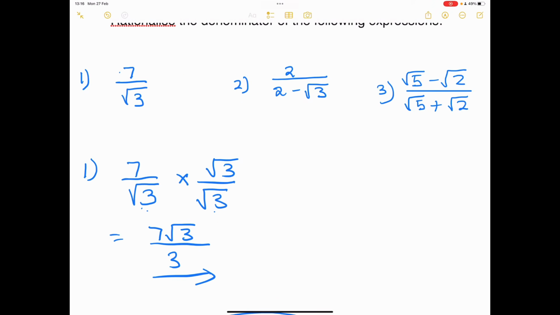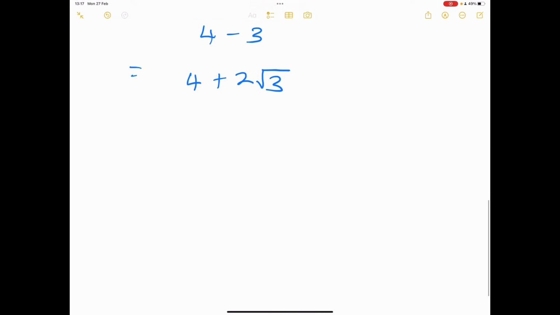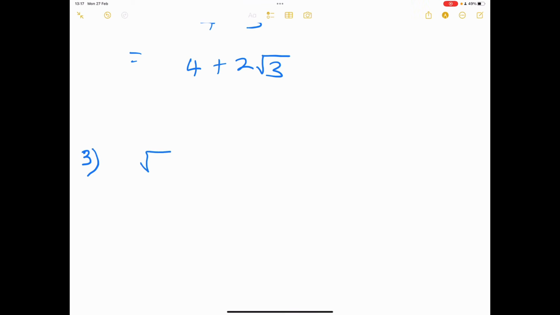For this next one, for our third one, we've got root 5 minus root 2, divided by root 5 plus root 2. All right, now let's have a look at it.